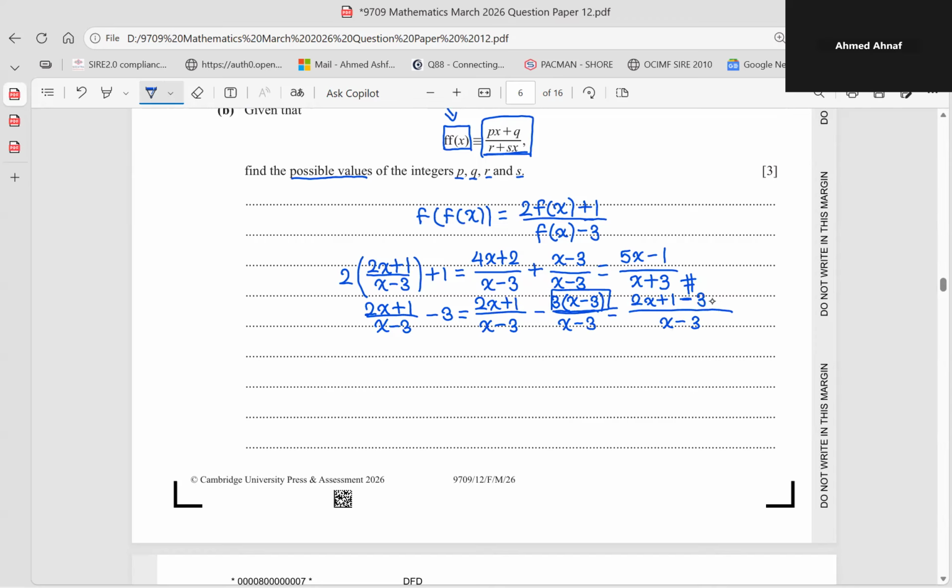So minus 3x minus 9. So it becomes plus 9. Okay. Simplify everything. So 2x minus 3x, that's minus x. And 1 plus 9, that's 10. So minus x plus 10 over x minus 3.